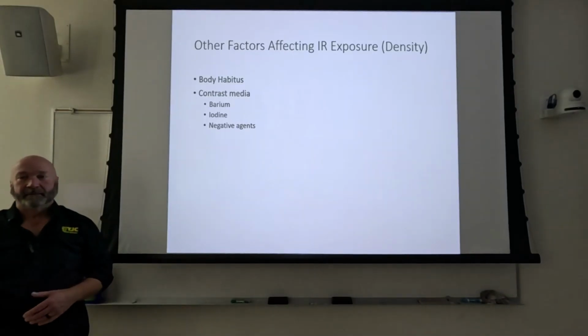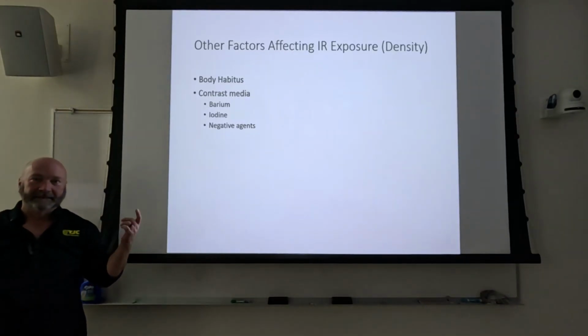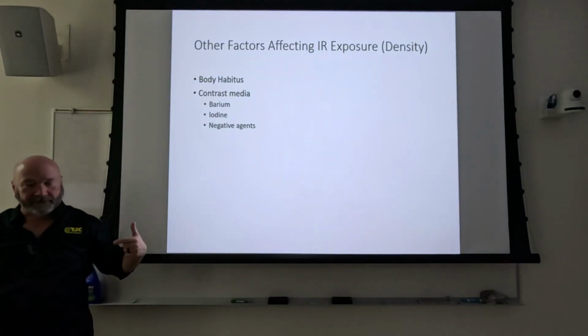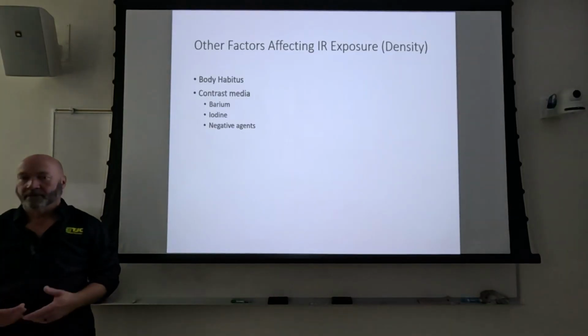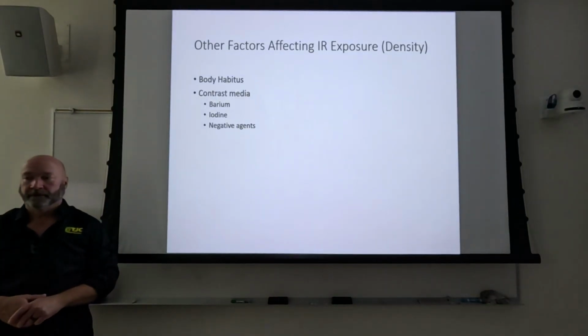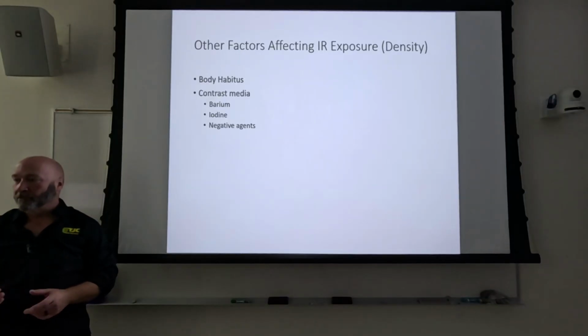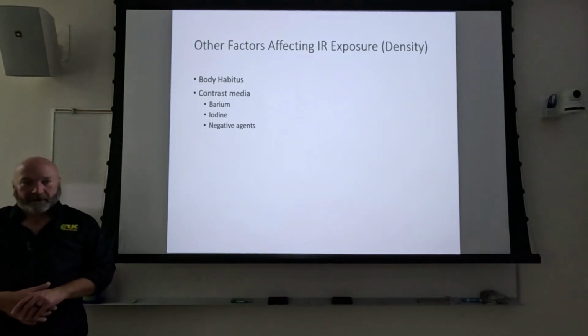So think about your iodinated contrast for C spines versus L spines in milligrams. What's the difference between those two? Maybe Isovue 200 versus Isovue 300 or 400, right?